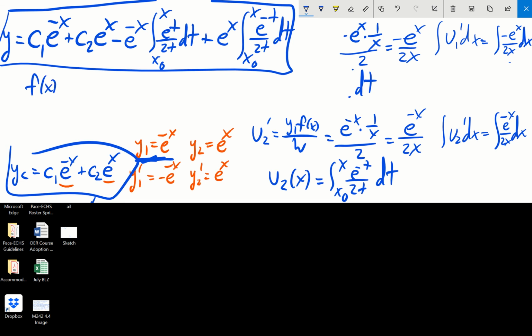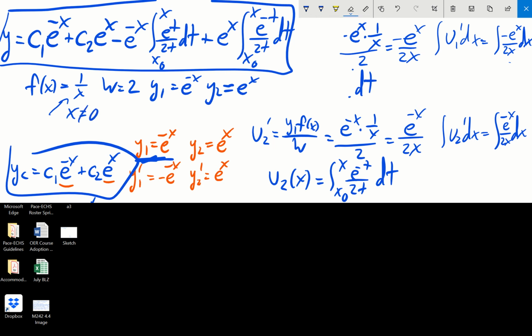Recall that f of x was equal to 1 over x. The Wronskian was a constant function of 2. y1 is e to the negative x. y2 is e to the positive x. All of these functions are defined and nice, except for f when x is equal to 0.